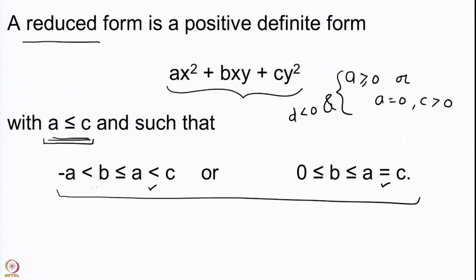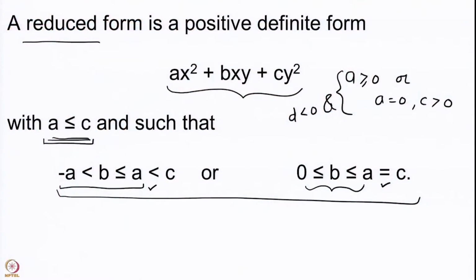If a is strictly less than c, we allow b to go from minus a to a, we allow it to be equal to a but not to minus a. And if a and c are equal, then we say that b has to be a non-negative number, it can be from 0 to a. So, this is the definition of a reduced binary form, which is by definition a positive definite quadratic form.